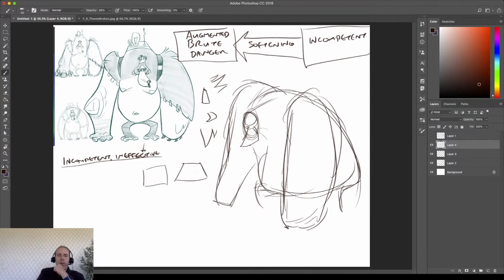Now, what's not really showing up here is the augmented, right? Is there any other way to show that the character is augmented other than just the stitching? Could we make it so this character feels like it's more powerful than it really ought to be, or it's able to do something special?